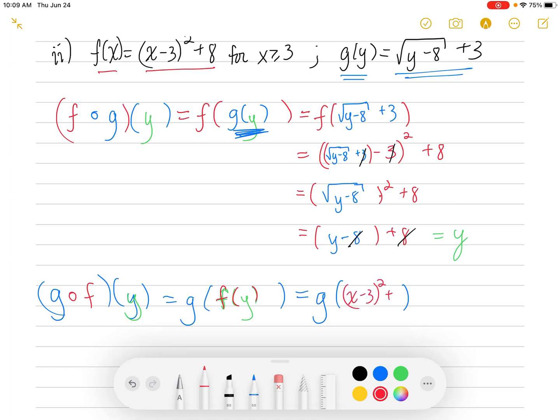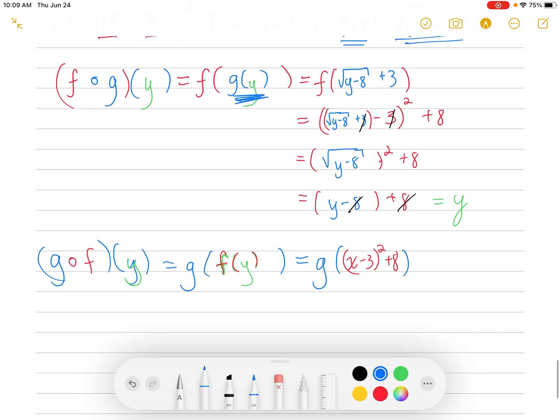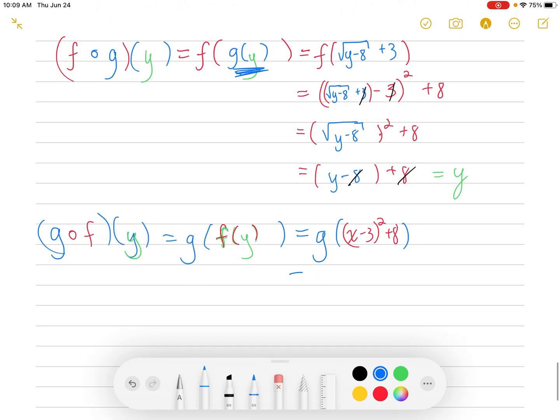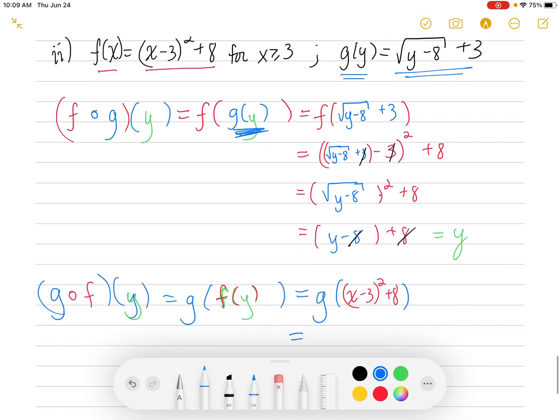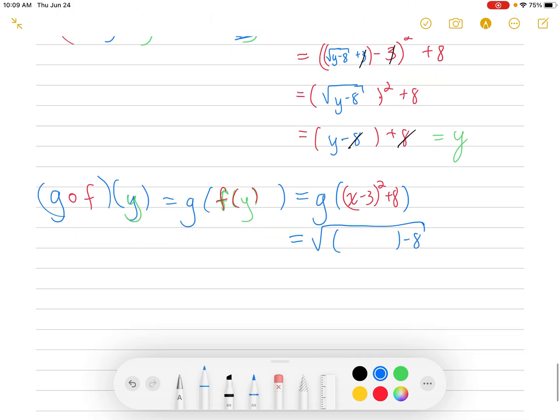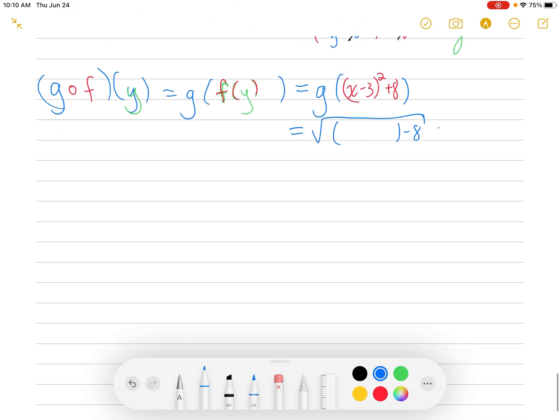So I'm going to leave the g alone out front. And inside of the g, I'm going to put what f of y is. It's x minus 3 squared plus 8. Okay? And now we're going to plug in the red stuff into the g function for y.